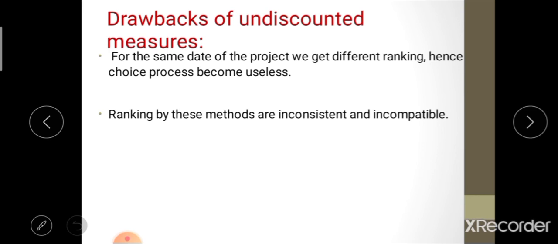Suppose the projects have the same data and we get different rankings for the same data. Hence, the choice procedure becomes useless, and ranking by these methods is inconsistent and incompatible. These are the two major drawbacks of undiscounted methods of project appraisal.